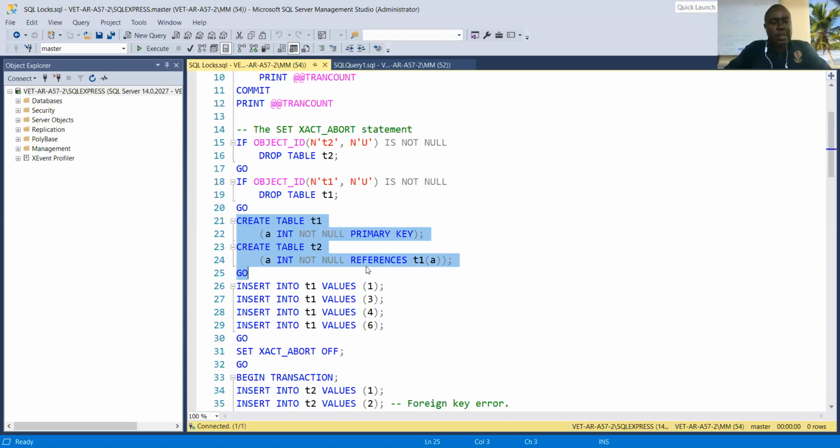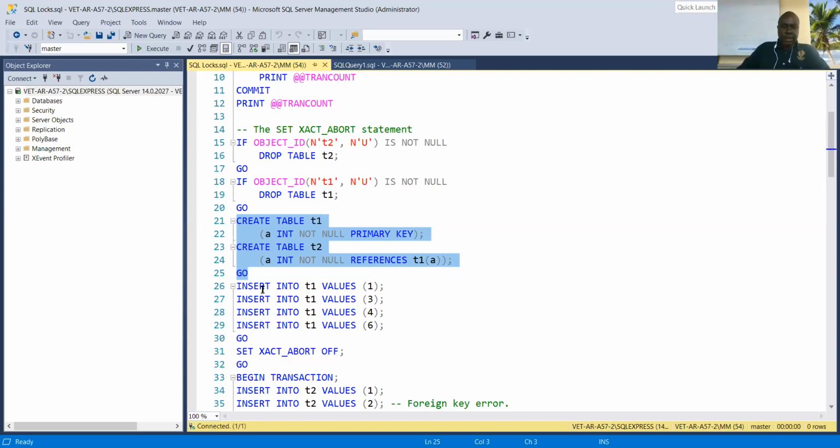So this set of statements has to be executed every time. If those two tables have been created, they'll be deleted before you reach this point.